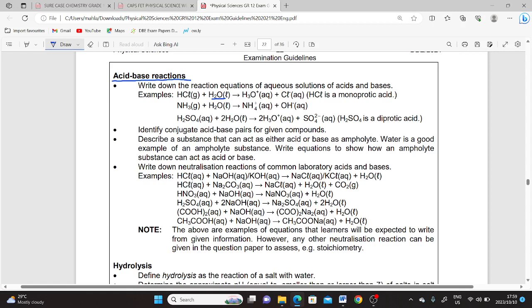Let's say it's a monoprotic acid. What happens when HCl is added to water is that it ionizes to H+ and Cl-.